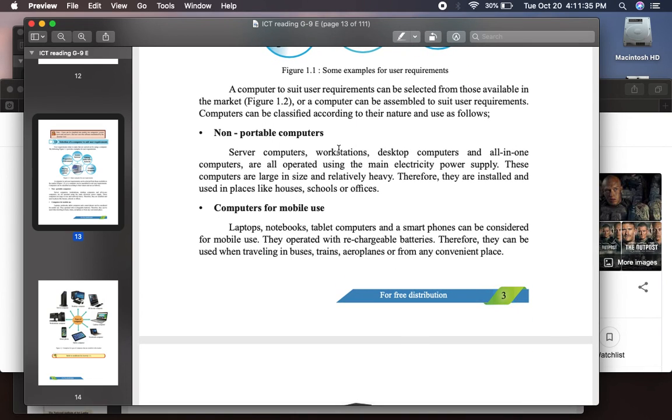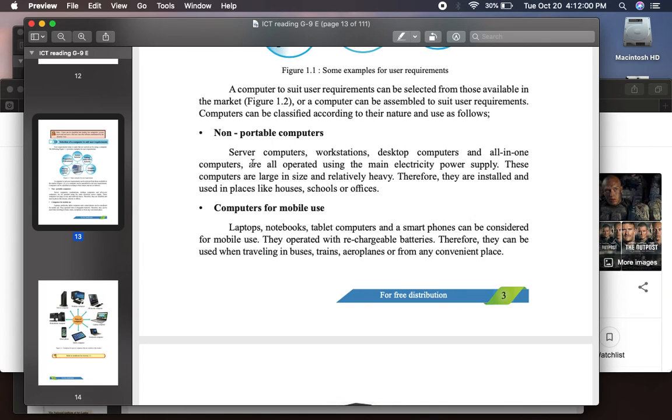Non-portable computers, server computers, workstations, desktop computers and all-in-one computers are all operated using the main electricity power supply. These computers are large in size and relatively heavy. Therefore, they are installed and used in places like houses, schools, or offices.